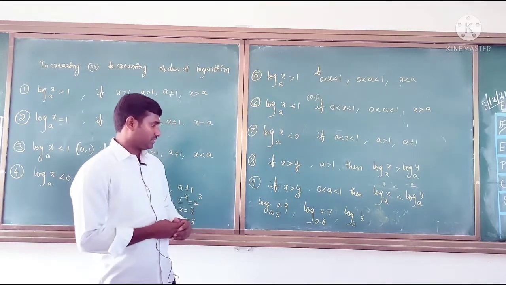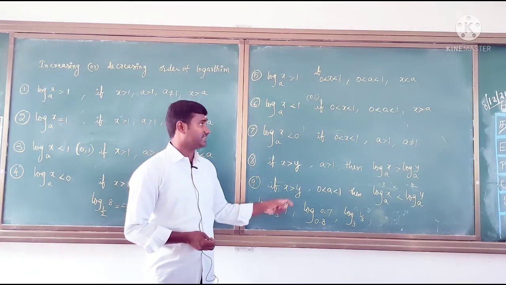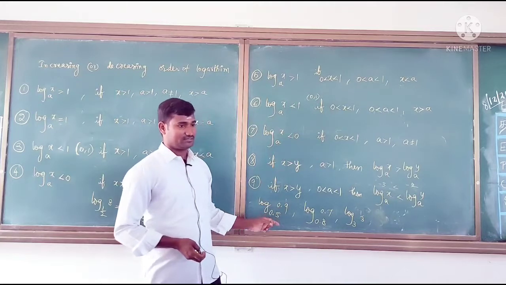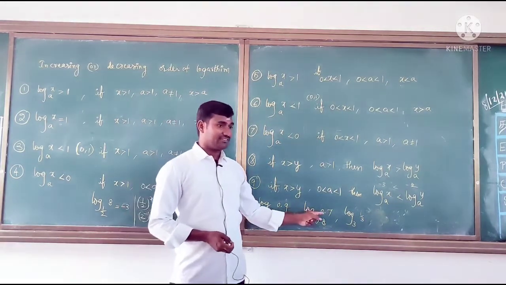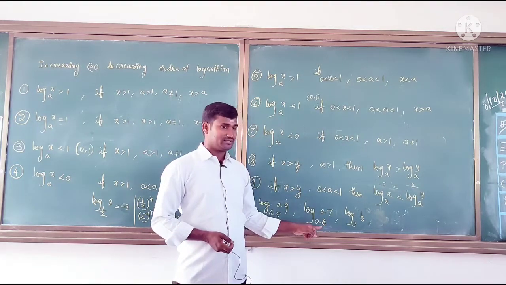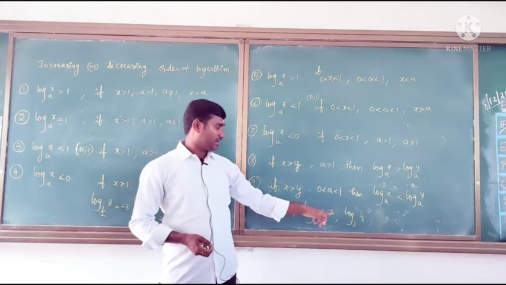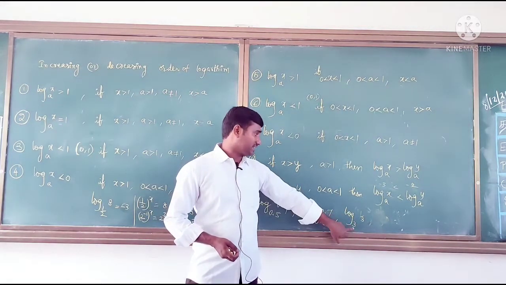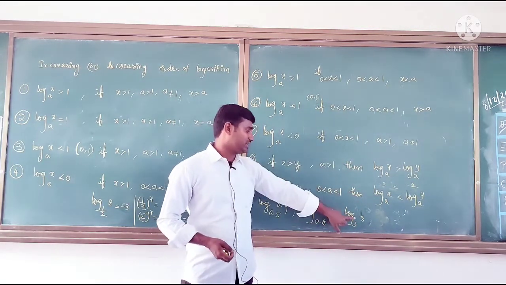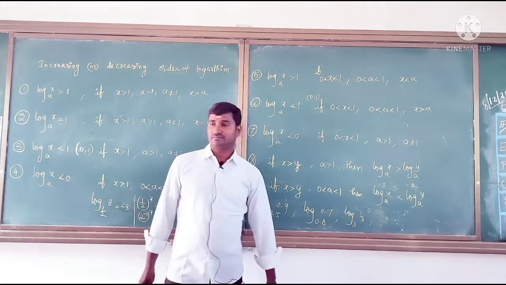In this question, x is greater than a means less than 1. Here x is less than a means it is greater than 1. And here a is greater than 1 but x lies between 0 and 1, then this value is less than 0.